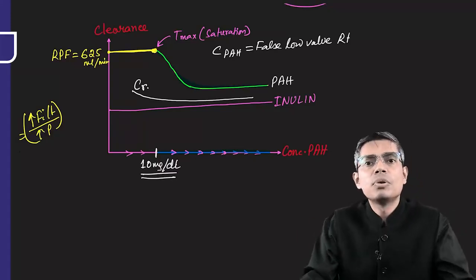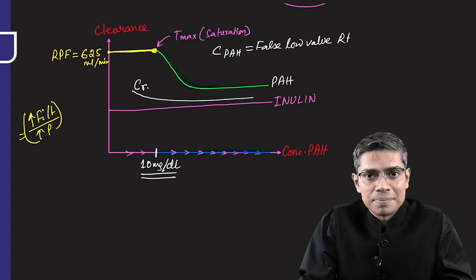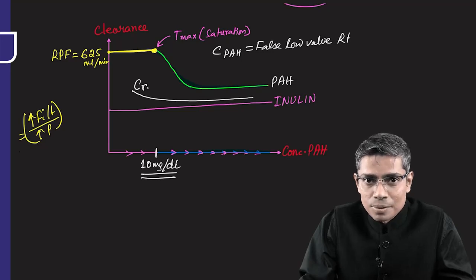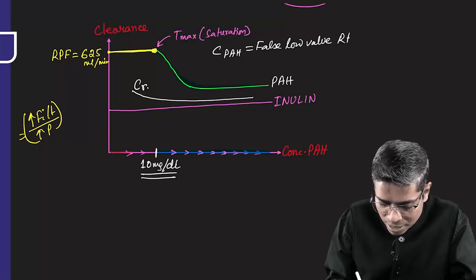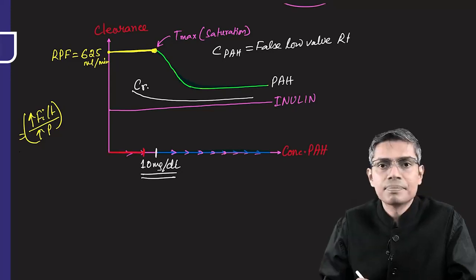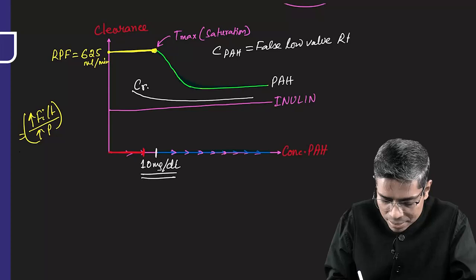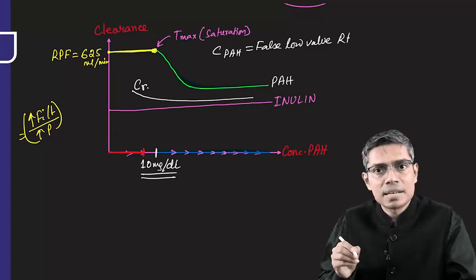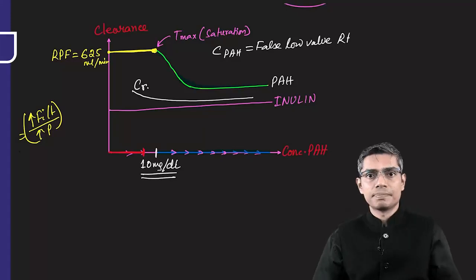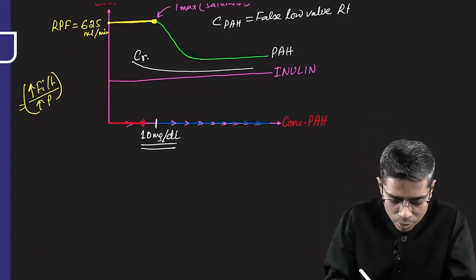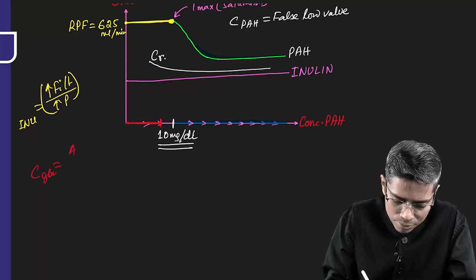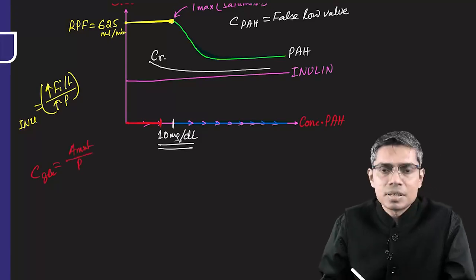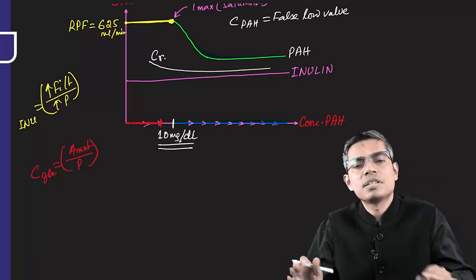If I ask you the clearance curve of glucose, where will it be present? Clearance of glucose in a non-diabetic person, how much did I tell you? 0. Up to a certain value of plasma glucose concentration, in a non-diabetic person, the clearance of glucose is 0. That's why it is on the same line as the x-axis. But in a diabetic person, a certain amount will be present in the urine, so it is not 0, it is more than 0.